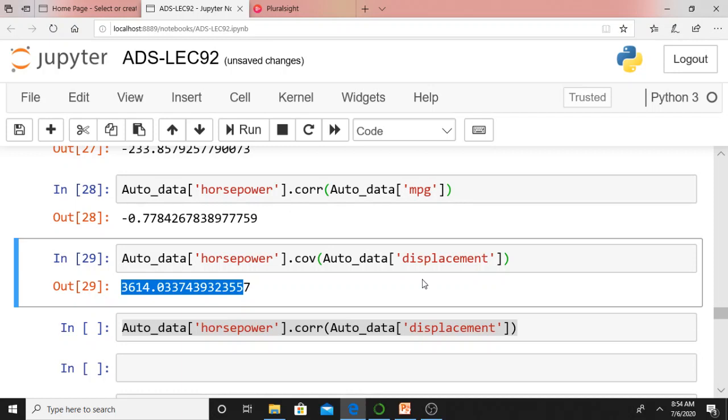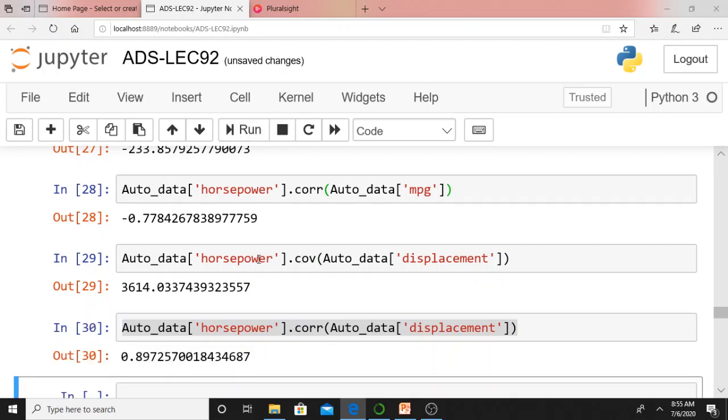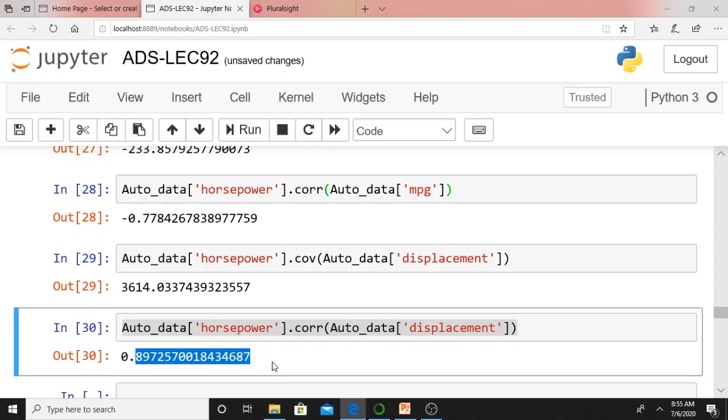You can calculate the correlation between horsepower and displacement. Now we calculated covariance, and now let me calculate correlation. What are you getting? 0.897257, a strong positive correlation. As horsepower increases, displacement increases.